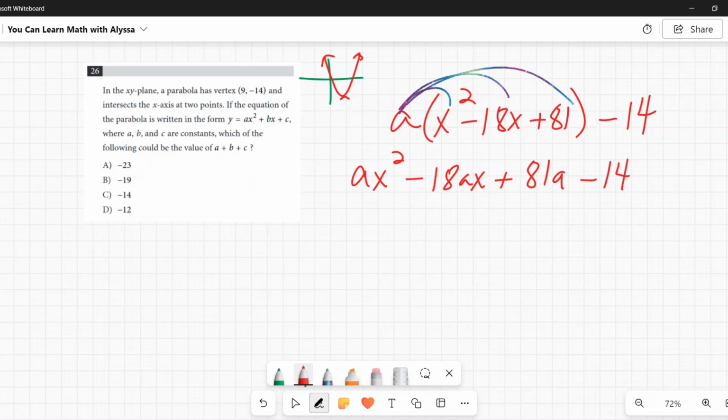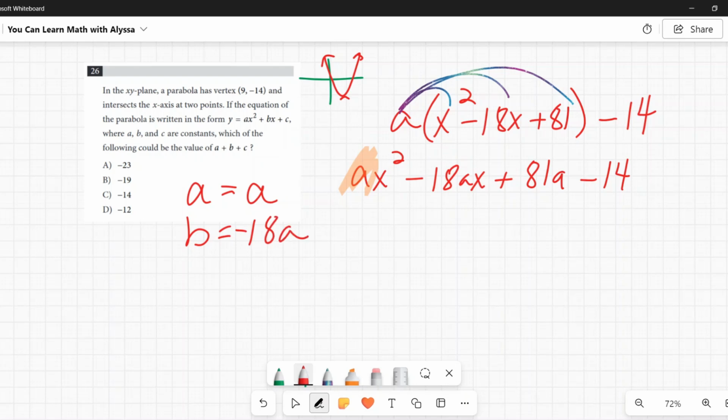All right, so a, b, and c are constants, and this can be written as ax squared plus bx plus c. Okay, so what are my a, b, and c? A is just a. My b is the coefficient of the x, which is negative 18a.